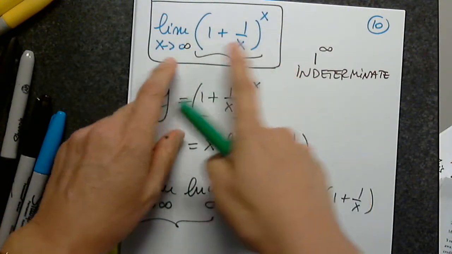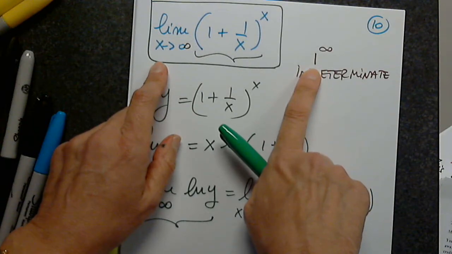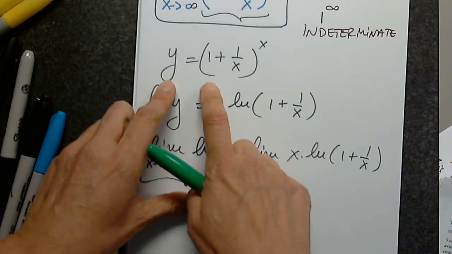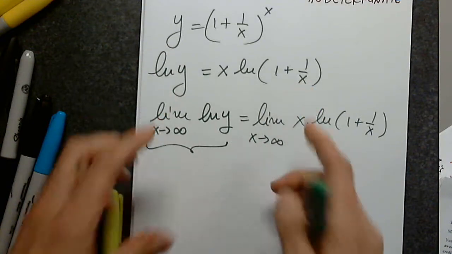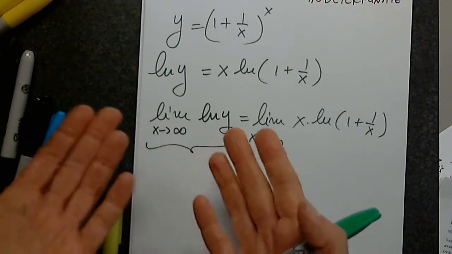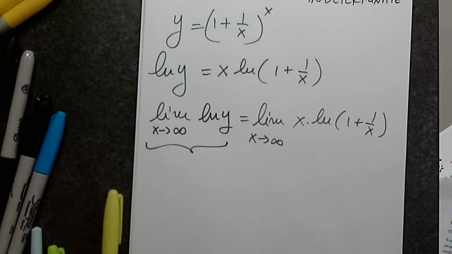I'm having difficulties finding the limit whenever I have an indeterminate case like this. So I have to manipulate the function somehow. So I denote it by y. I apply natural log to both sides. So now I'm trying to find the limit of this. But the limit of the natural log is the limit of this. Now I'm going back in and saying, okay, let me see what type of limit this is.